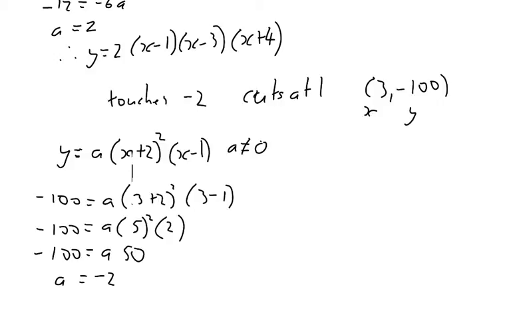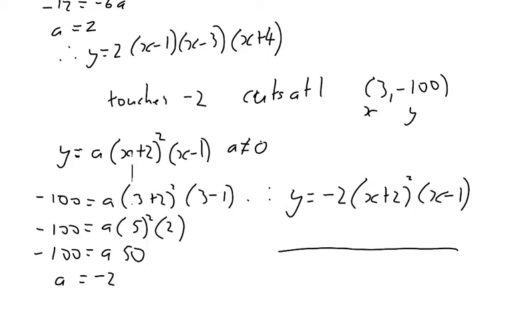So, therefore, our cubic is -2(x + 2) squared (x - 1). Which means, if we were looking at this graph, if we would say that was -2 and that was 1, the graph would probably look something like that.